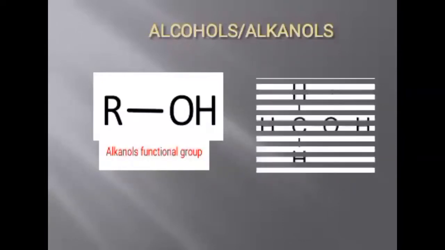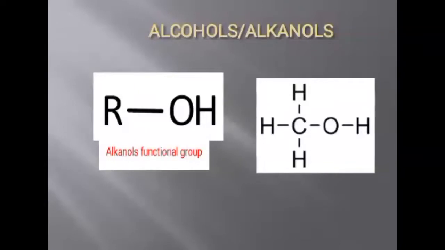So let's look at an example. You can see that we still have our OH, but our R is being replaced by CH3. If you look at the carbon very well, you see that it's attached to 3 hydrogens, but we still have our OH.